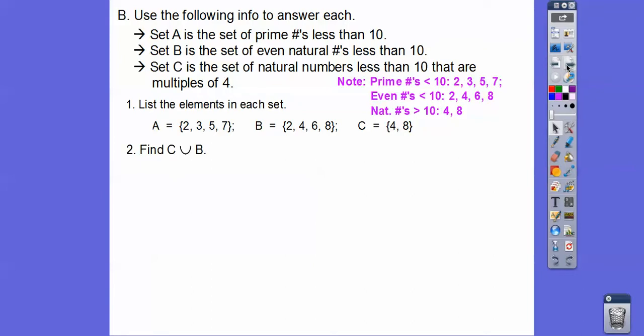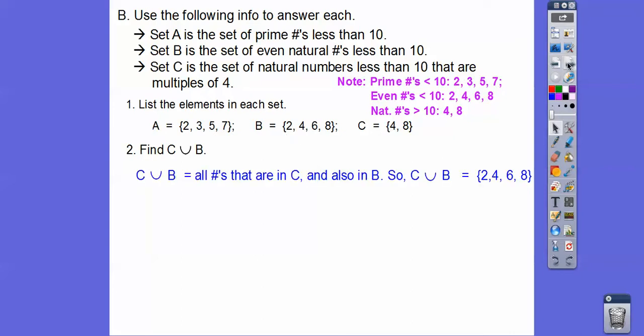Let's go ahead and find C union B. This means all the elements that are in C or B. Since the elements in C are also in B, this is going to be all of B's elements right there. So C union B is going to be 2, 4, 6, 8, because this includes all the numbers that are in here or here.